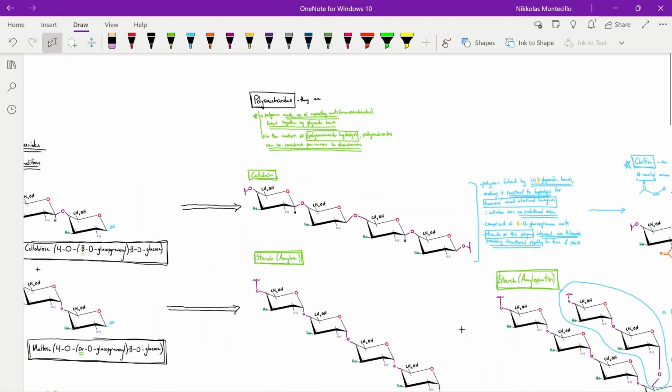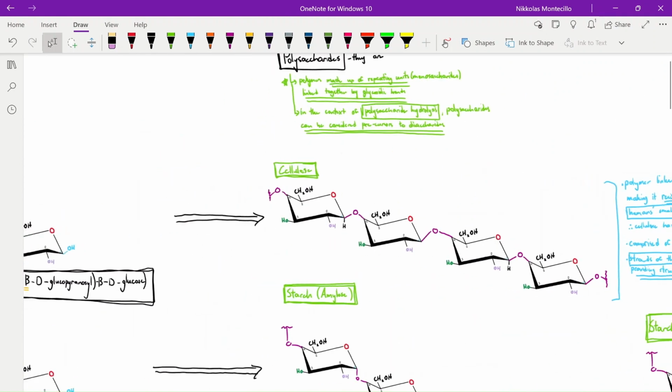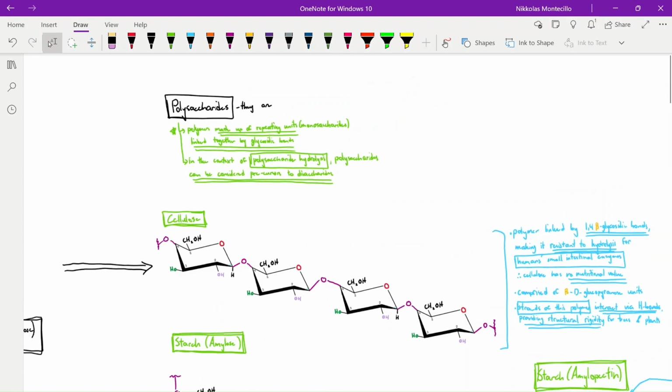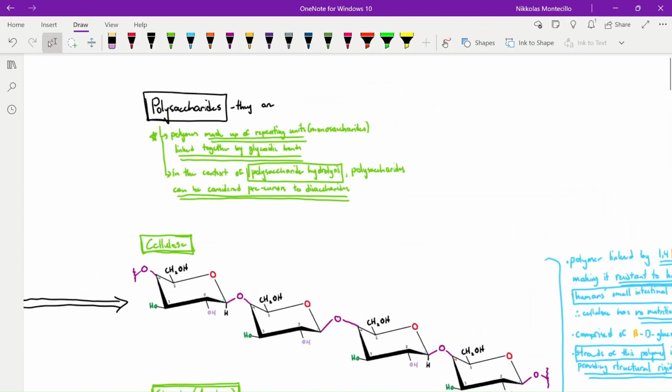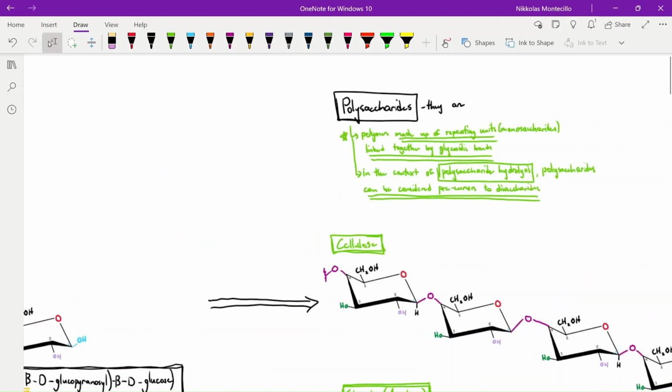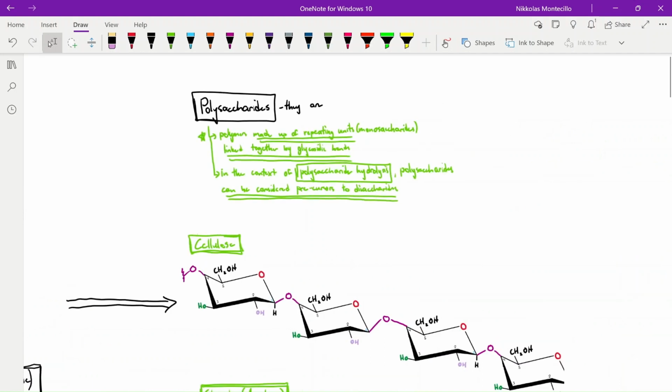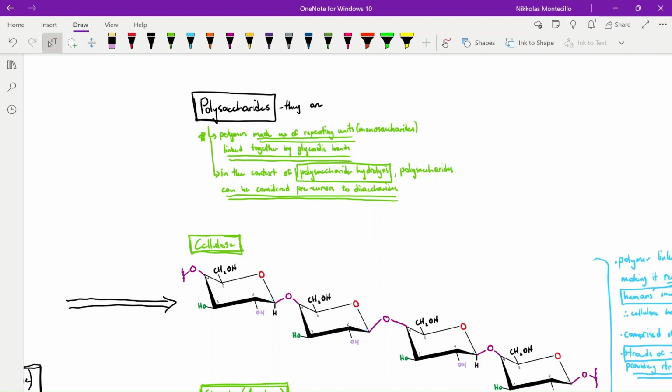And the very last part of our discussion here that I want to include is the discussion of polysaccharides. Polysaccharides are polymers made up of repeating units, or monosaccharides, linked together by glycosidic bonds, in most cases usually a 1,4 glycosidic linkage.